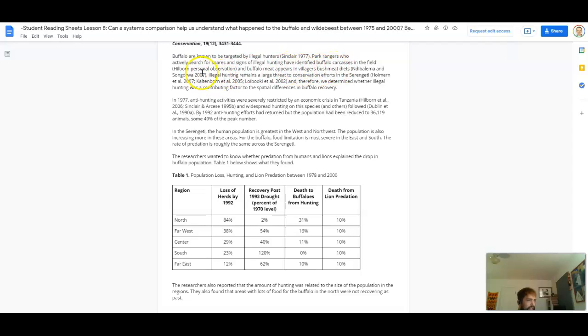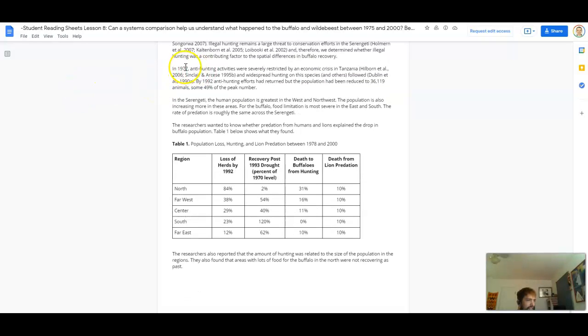Illegal hunting remains a large threat to conservation efforts in the Serengeti, and therefore we determined whether illegal hunting was a contributing factor to the spatial differences in buffalo recovery. In 1977, anti-hunting activities were severely restricted by an economic crisis in Tanzania, and widespread hunting on this species and others followed. By 1992, anti-hunting efforts had returned, but the buffalo population had been reduced to 36,119 animals, some 49% of the peak number.